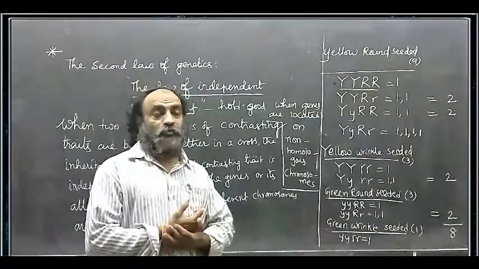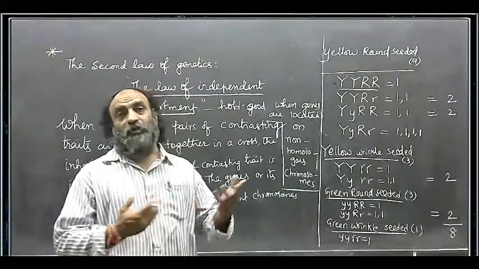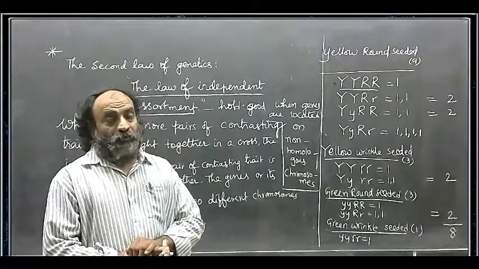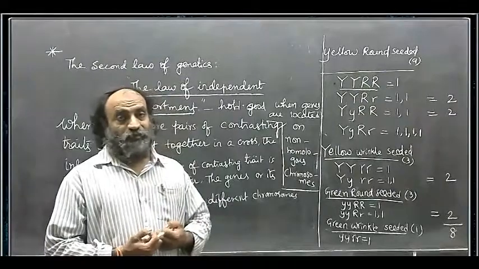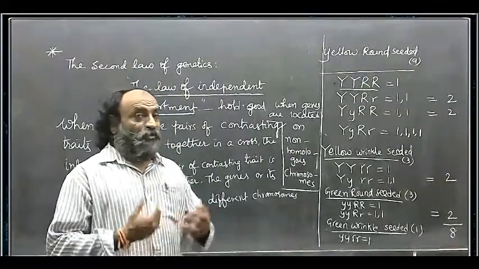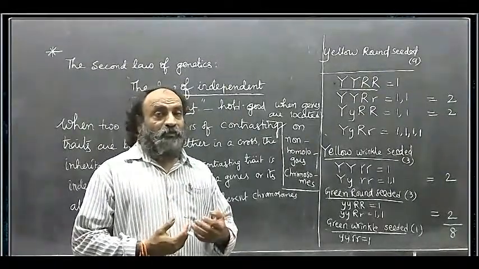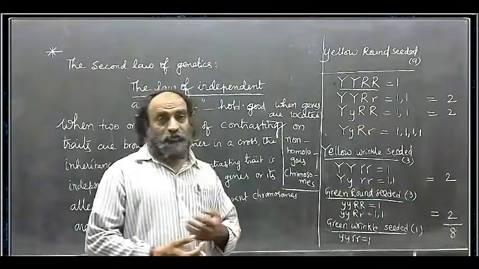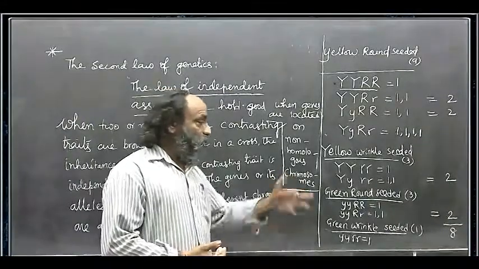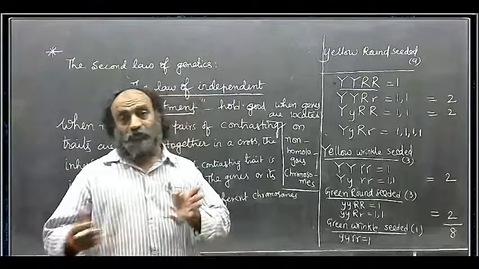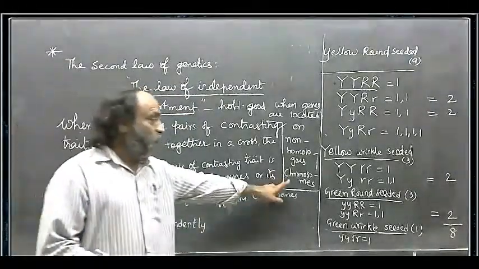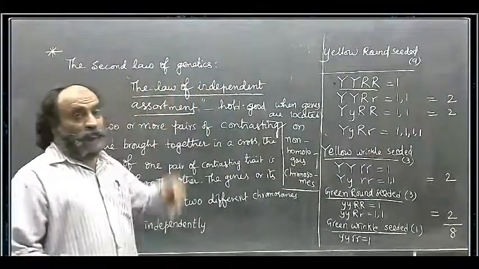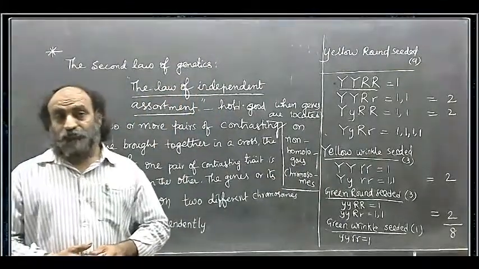Therefore, they are non-homologous chromosomes. That means on different chromosomes. So that is the law of independent assortment.